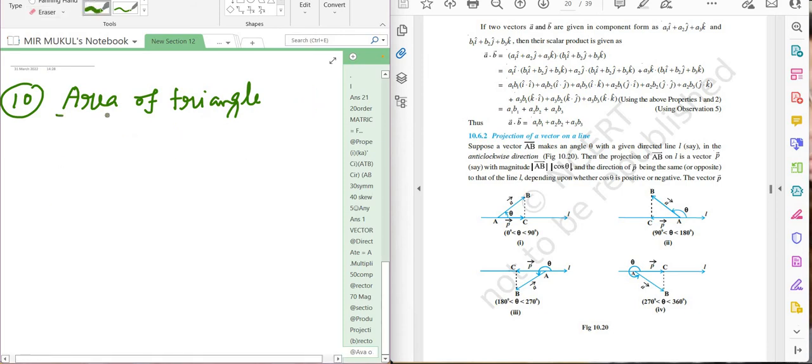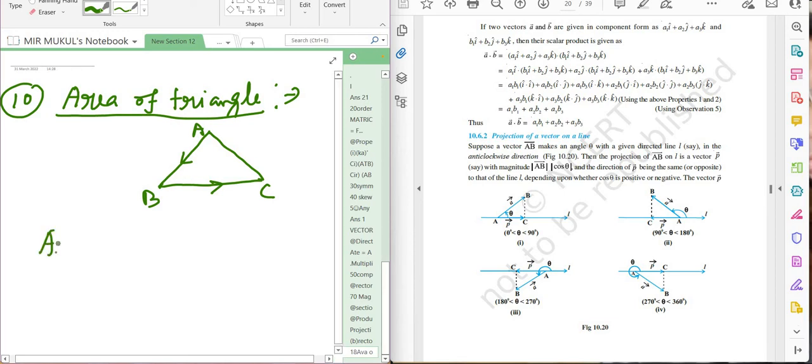Now, area of triangle. Suppose a triangle is given and its sides are given in vector form. Suppose AB and BC are given. Any two sides we can take.